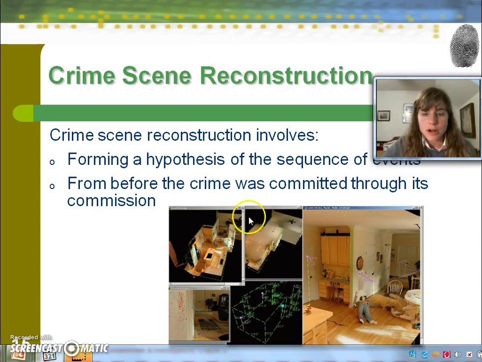Now, crime scene reconstruction has gone from a more rudimentary art to using more technology. Currently there are technologies and software that can do an incredible job of allowing you to visualize that scene, based on the dimensions and other things that can be measured through the use of lasers at the scene.